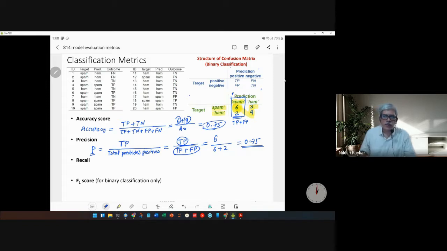Now the third measure, which is the recall measure, deals with another situation. In the first case, you wanted the reliability of predicting positives.